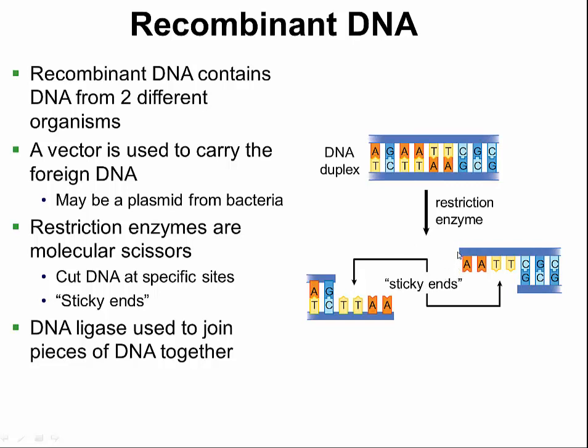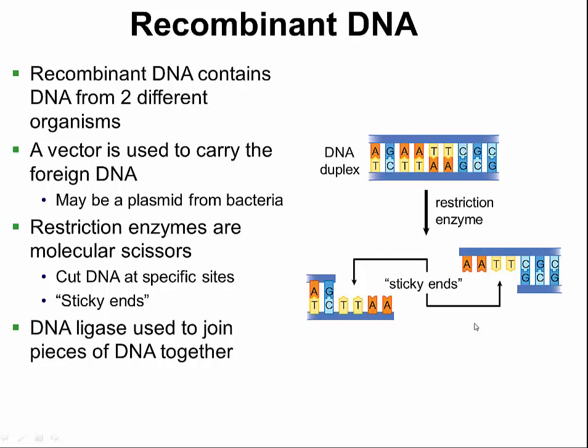The cut in the upper sugar phosphate backbone is made here, but the cut in the lower sugar phosphate backbone is made here. This leaves us with this overhang, this AATT there and TTAA there. We refer to this overhang as sticky ends.